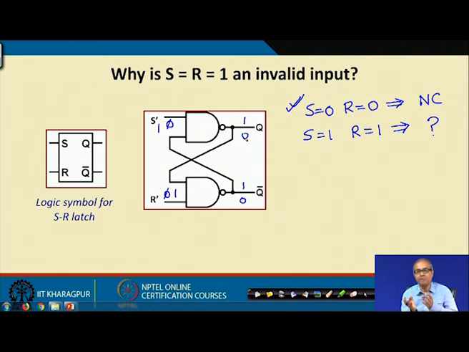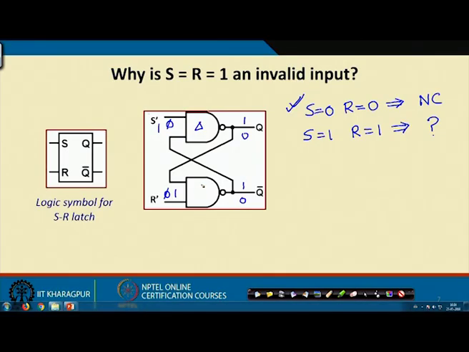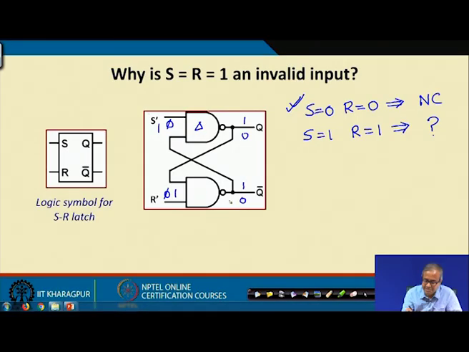But in reality what happens, two gates are never of exactly the same speed, one will be slightly slower than the other because of fabrication differences and differences in characteristics. Suppose this gate is faster and this gate is slower. So, if this gate is faster, then 1 1 was there earlier, this 1 and 1 will cause this to become 0 first and this 0 will now be fed back to make it 1.